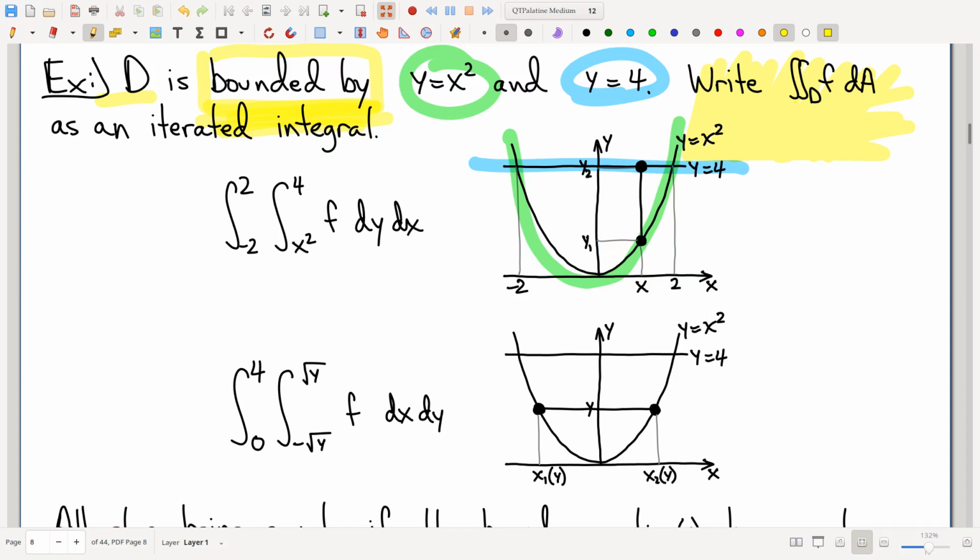Bounded by also means that the region is bounded. What we mean by bounded is that it doesn't go off to infinity in any direction. We mean you can put it in a box. And that region over here, you can't put that in a box. It's too big. So there is only one region here that actually is bounded, and furthermore, bounded by those two curves, and that's what I have in yellow.